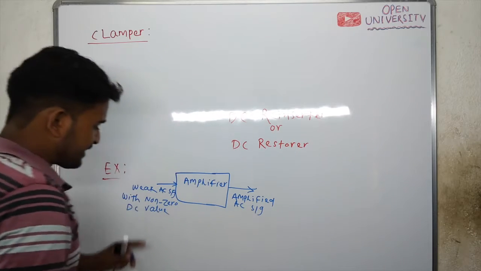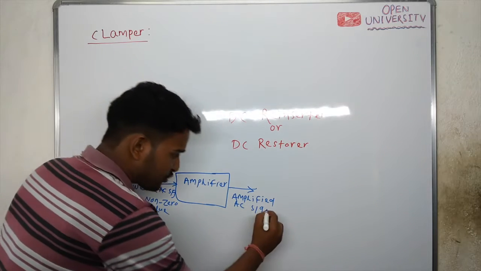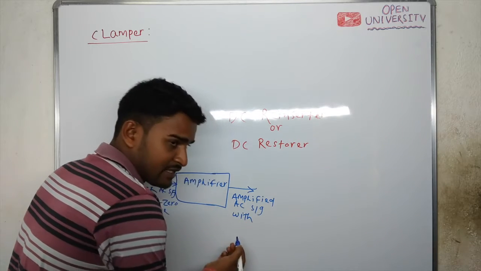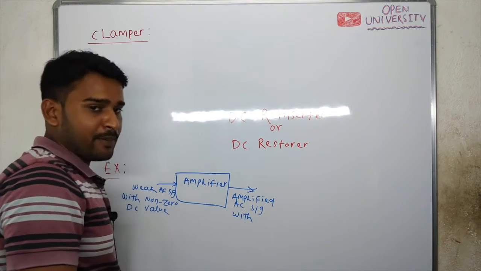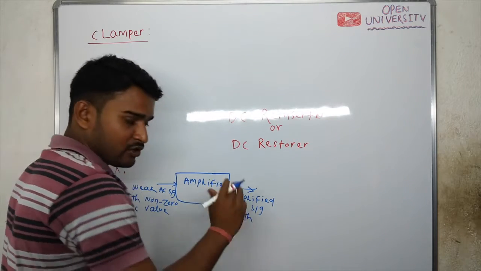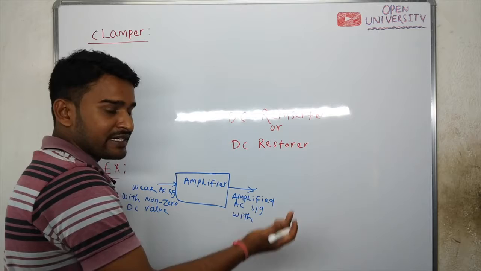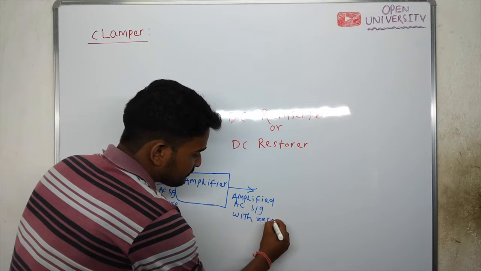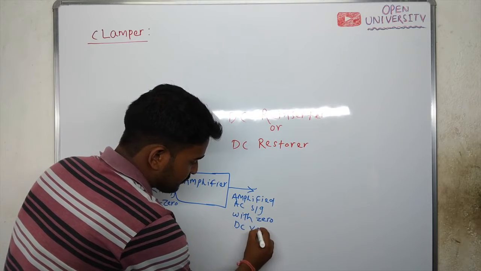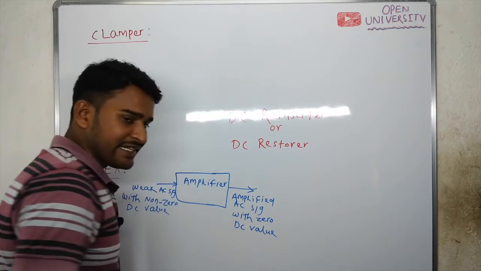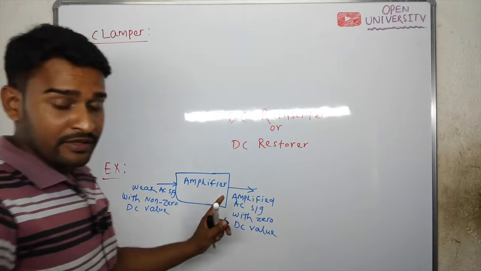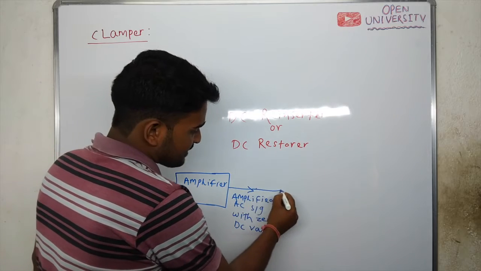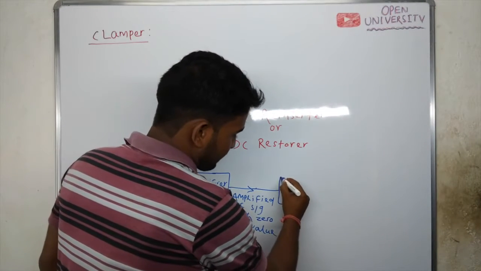But this DC will be lost, so the output has zero DC. In the output of the amplifier there will be no DC component, because there will be a capacitor after the amplifier. You will get only the amplified AC signal with zero DC value. Now if you want to reinsert the DC to this amplified signal, then you need to pass this signal through a clamper.